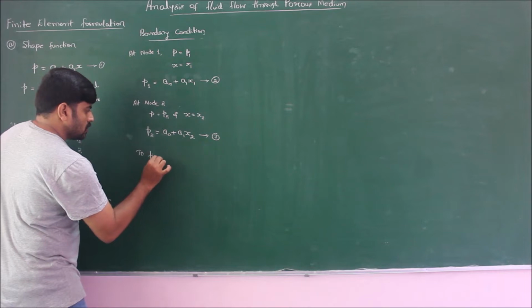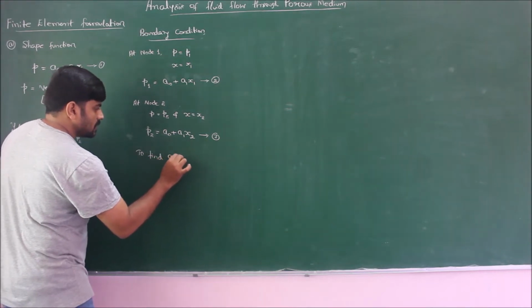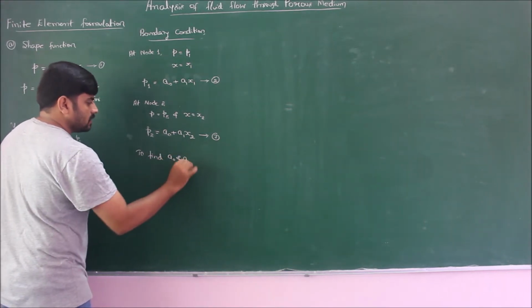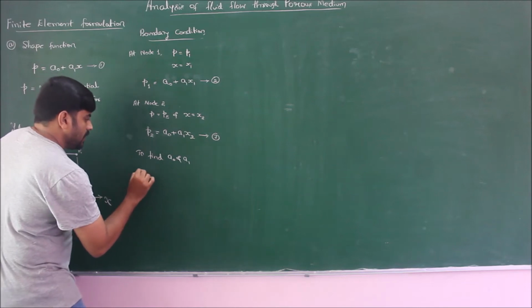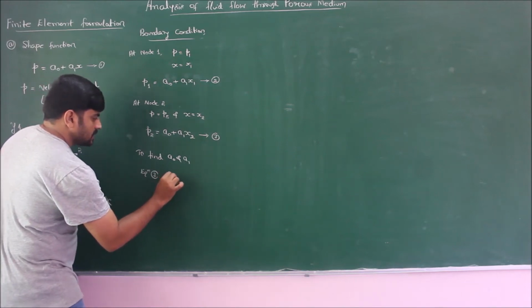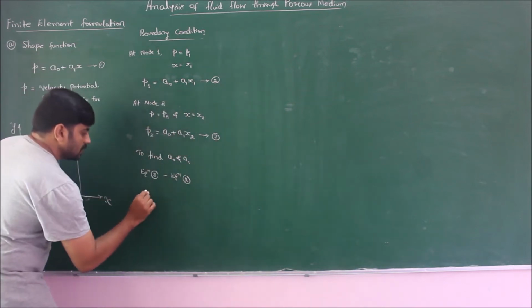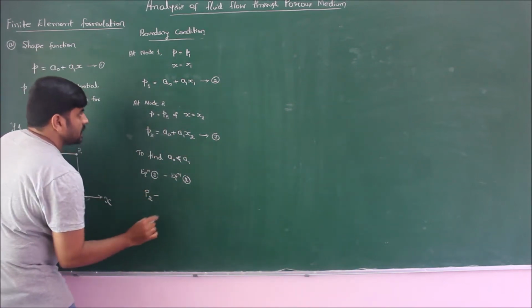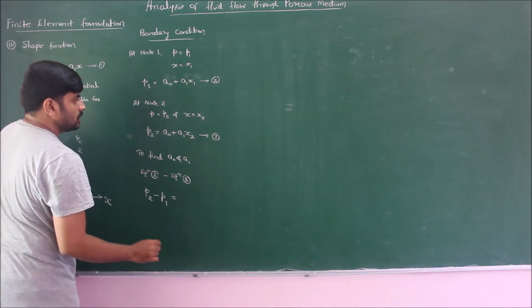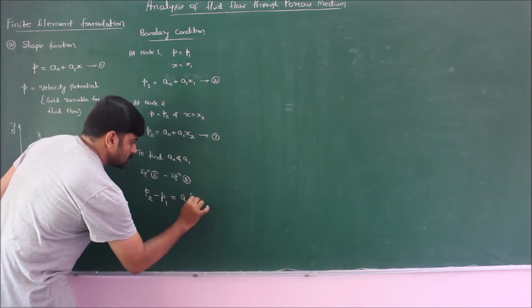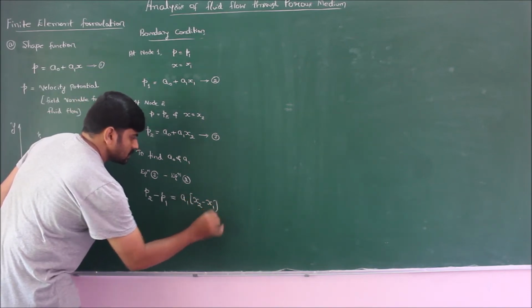Now to find constants A0 and A1, let us use equation 3 minus equation 2, which yields us P2 minus P1 is equal to A1 times x2 minus x1.